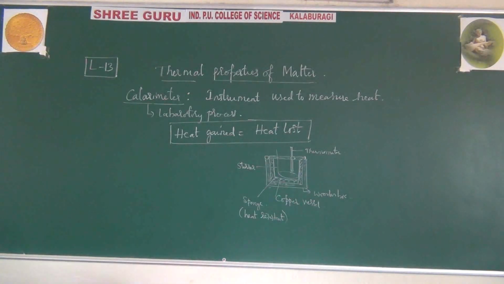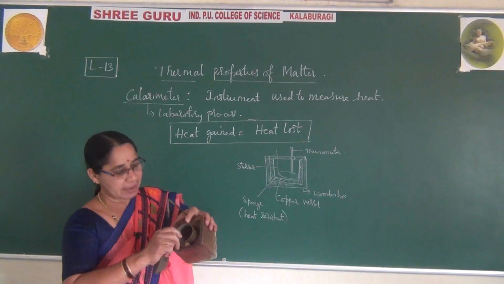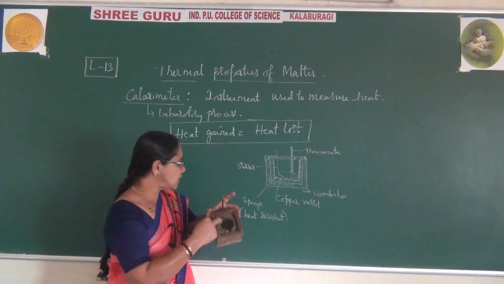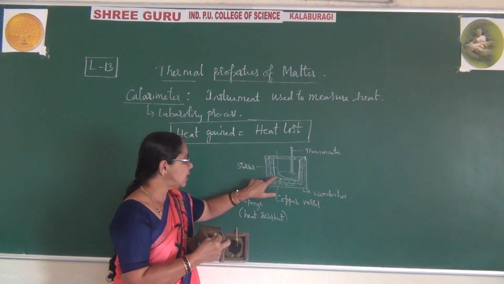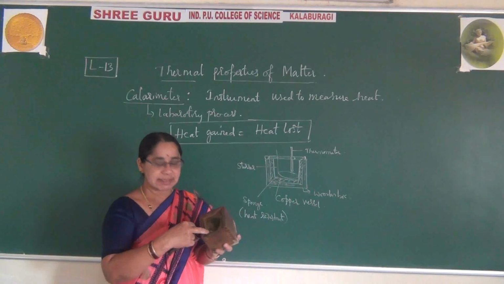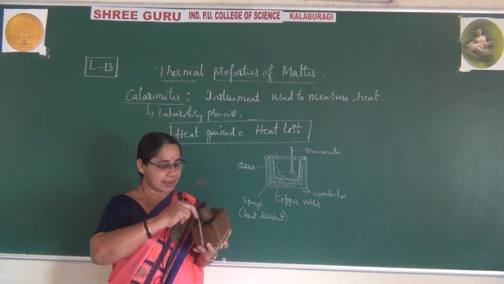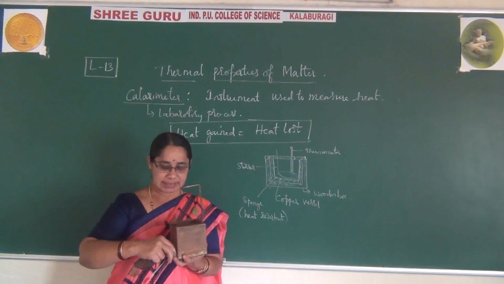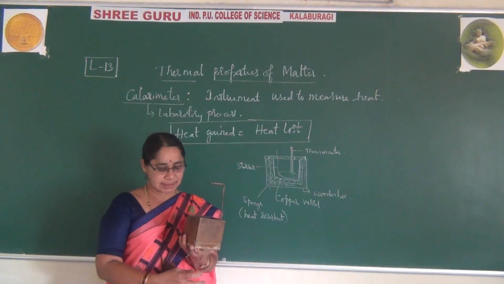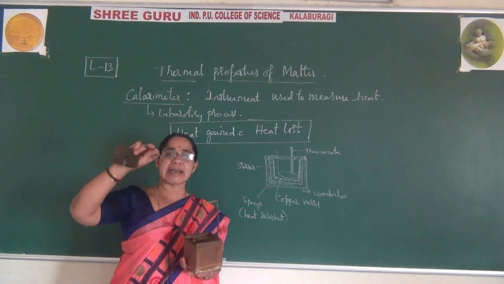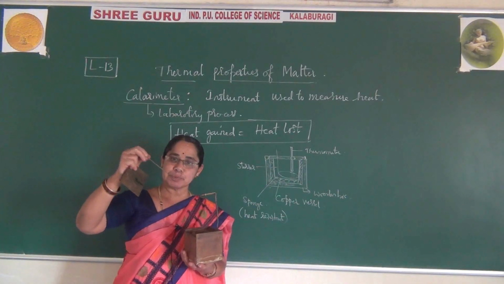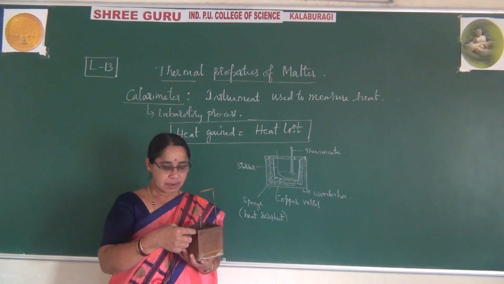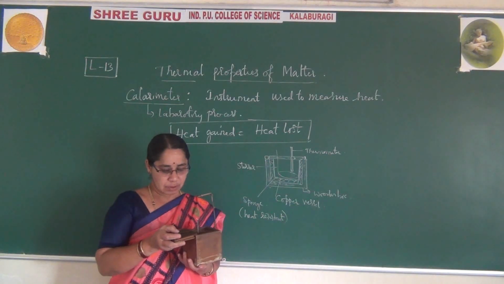This is the copper vessel, and in between the copper vessel and the box we have a sponge, which acts as a heat resistant. This is how we place the vessel and completely pack it. This is the stirrer, which acts just like a spoon; we are stirring the water here. So let me keep this now and close it.